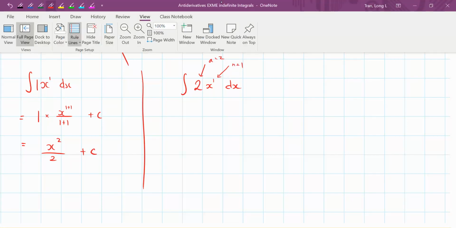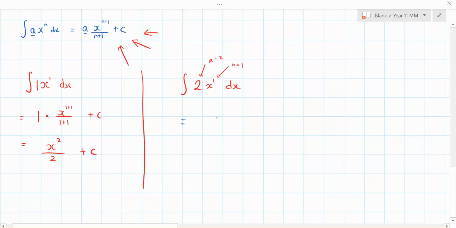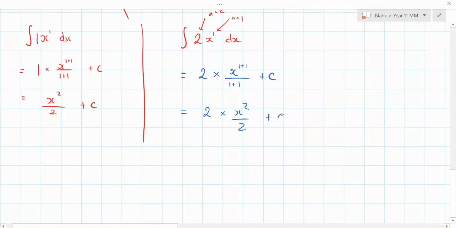So now let's use the rule again. So we have a multiplied to x to the power of 1 plus 1 over 1 plus 1. Don't forget the plus c. So we got 2 times x squared on 2, but it just so happens that 2 times x squared gives you 2x squared on 2, and the 2's cancel out. Essentially, you could have just cancelled those 2 out. So the answer is x squared plus c.